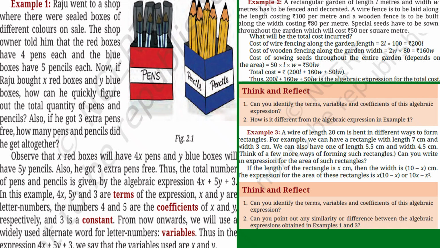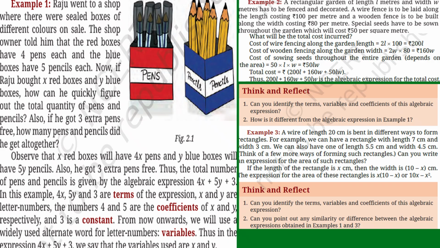Now this 20 centimeters, we have to divide it into 2 so that the width becomes 10 minus x, right? The length is 2x, the width will be 2 times 10 minus x to compensate for the length 20 centimeters. So the expression for the area of these rectangles is x times 10 minus x or 10x minus x squared.